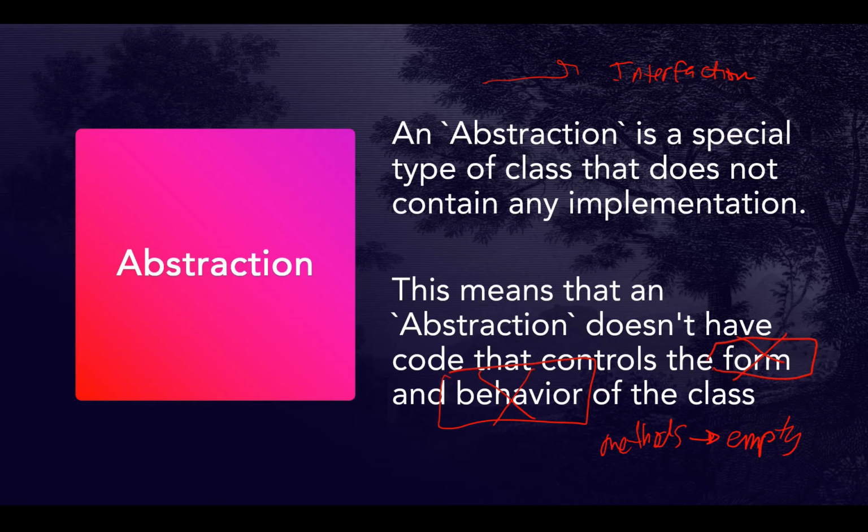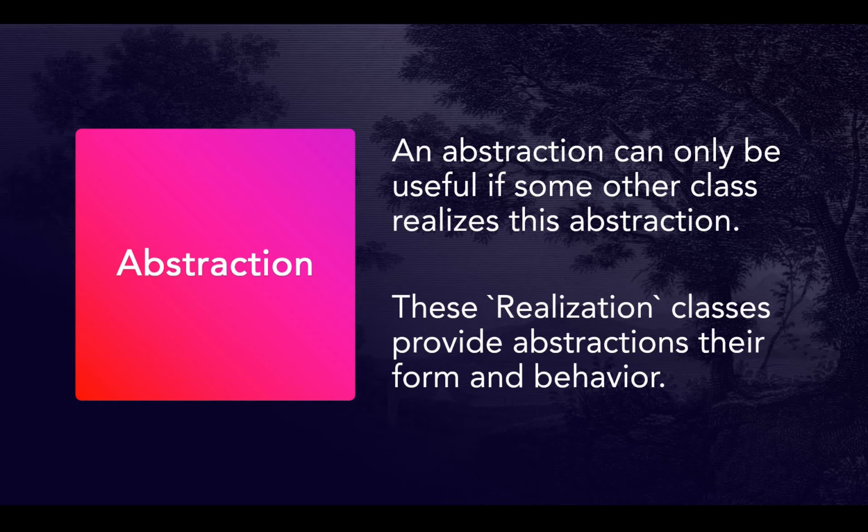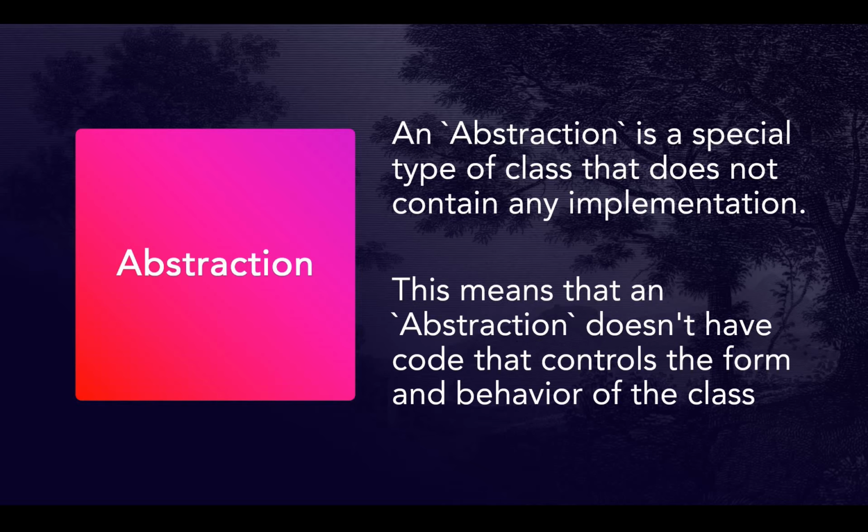So these abstraction classes appear useless at first because they don't actually do anything. I mean, what can you do with something that does not contain form or actual behavior? It's just an interface. It's just a face. It's just a facade, for example.